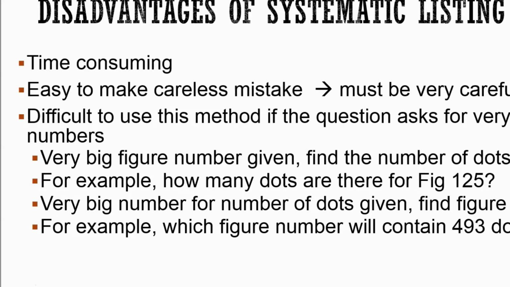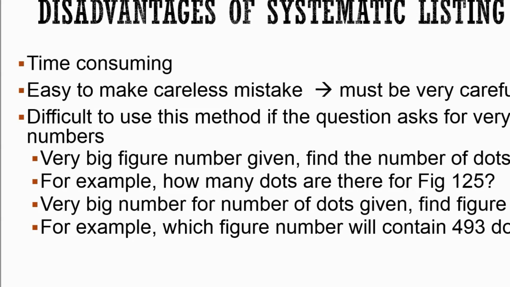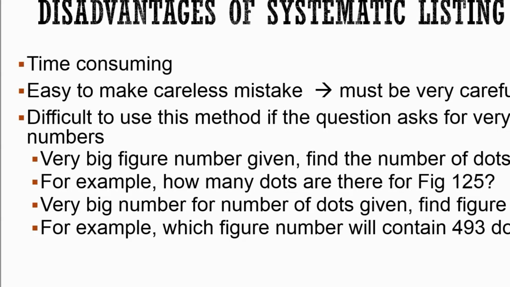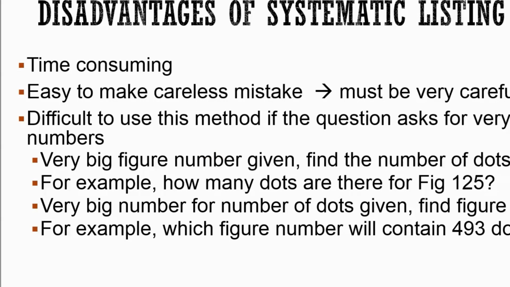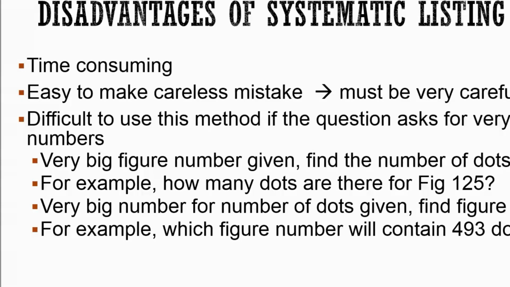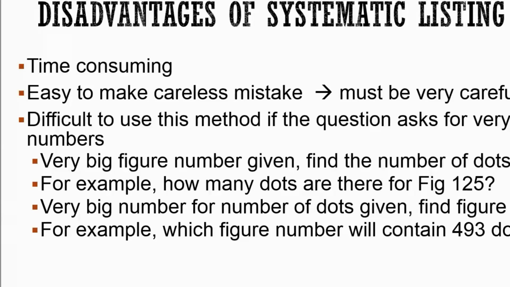Or a very big number for the number of dots given, and then you find the figure number. For example, which figure number will contain 493 dots? It is still possible to get an answer, but you need a lot of space to write things down and time to keep on pressing the calculator, and you may get careless mistakes along the way, so you have to be very careful.